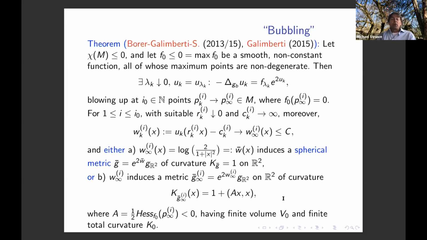And since we assume that these critical points, the maximum points, are all non-degenerate, this is a strictly negative definite matrix, and the induced metrics all have finite volume and finite total curvature.